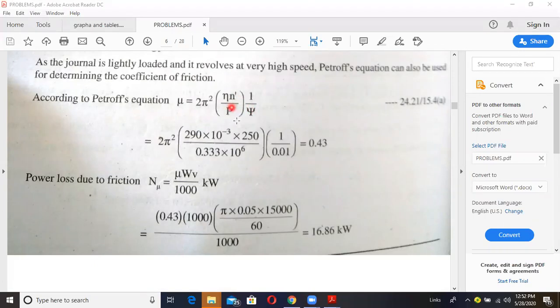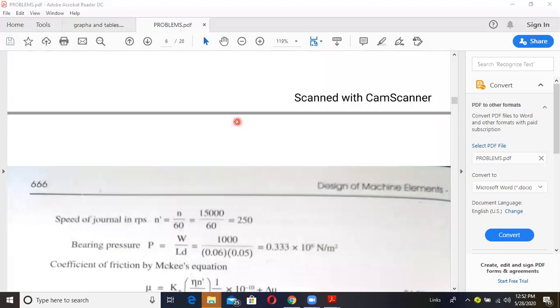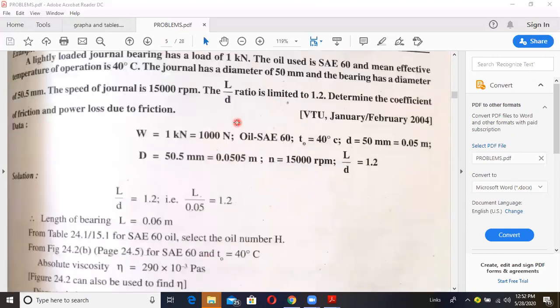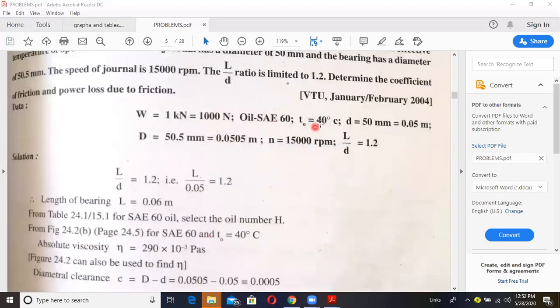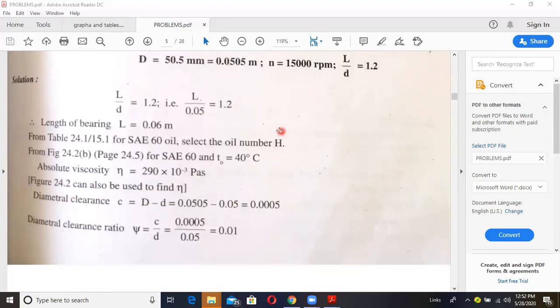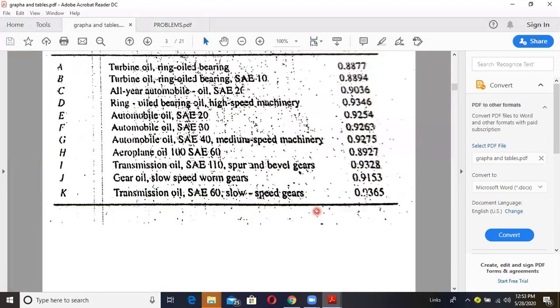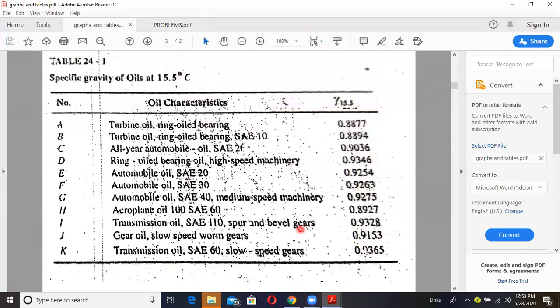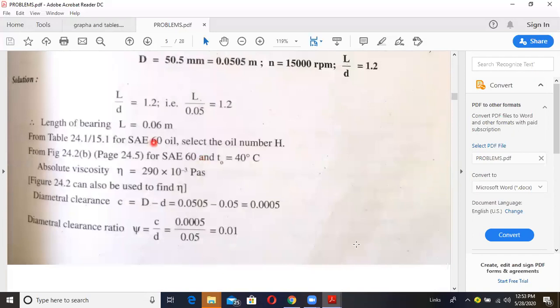First we will calculate eta. Eta can be calculated by using the type of the oil and the operating temperature. Same procedure. First, I will go to table number 24.1. Which type of oil have they given? Here, SAE 60. Now, where is SAE 60?